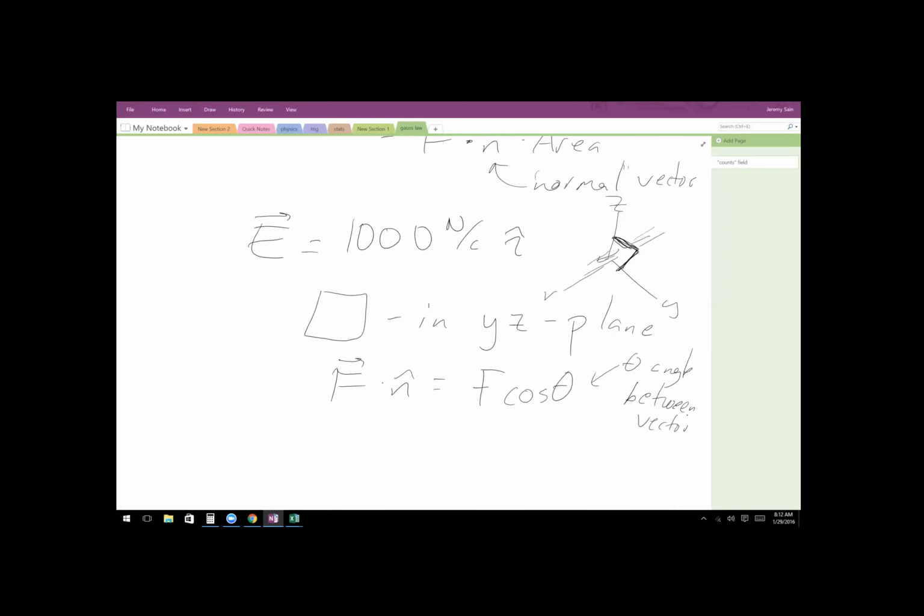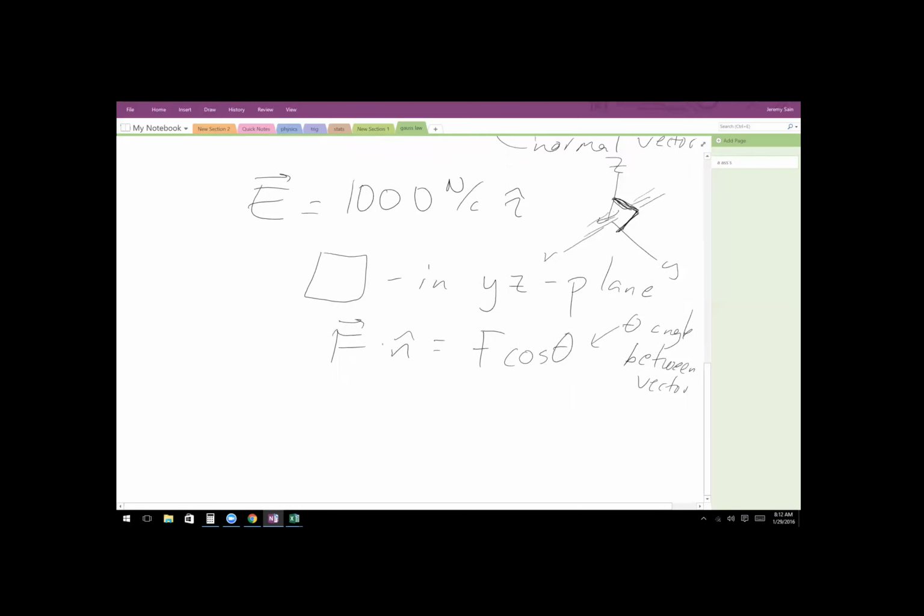It's everybody's favorite, it's 1, right? That says something really simple: these lines are actually going through the surface. They're not skidding off to the side. So it's just going to be the field times the area of the square, is the flux. I didn't actually tell you the area of the square, but whatever it is, it's just the field times the area.